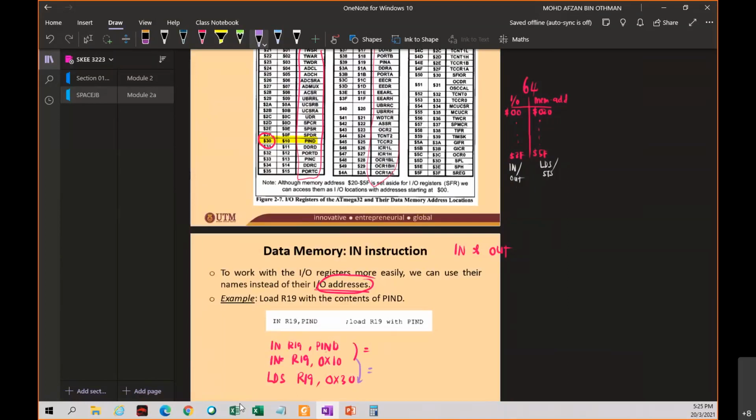Ataupun kamu boleh guna in R19 with the IO address. Ataupun you can use LDS R19 with 0x30. Ketiga-tiga ni benda yang sama di mana kamu nak load R19 dengan konten daripada PIND. So what happens here, R19 akan ada value daripada PIND.